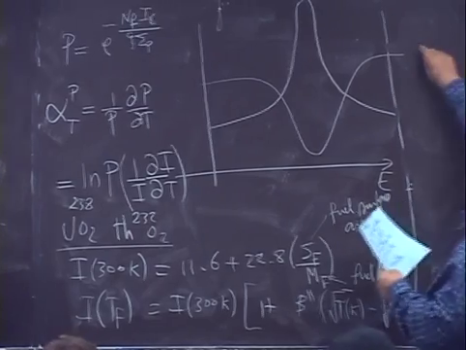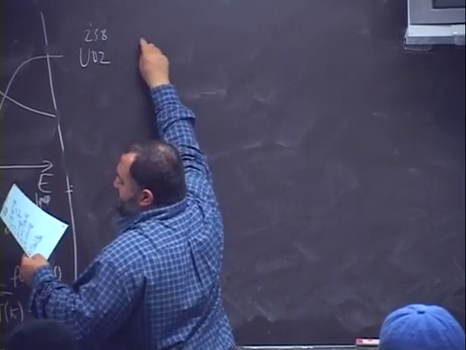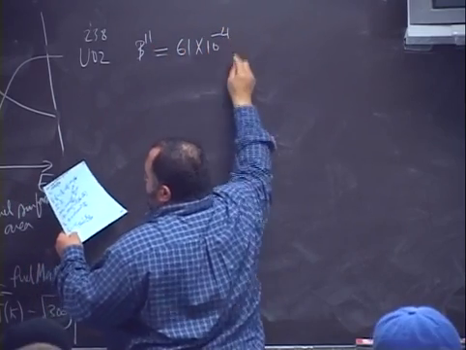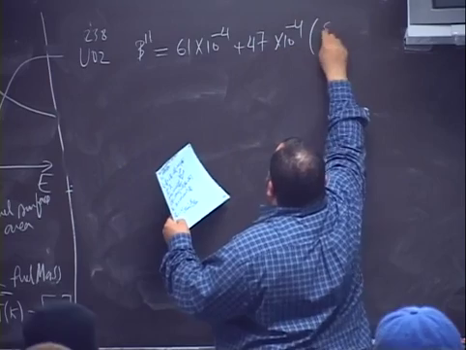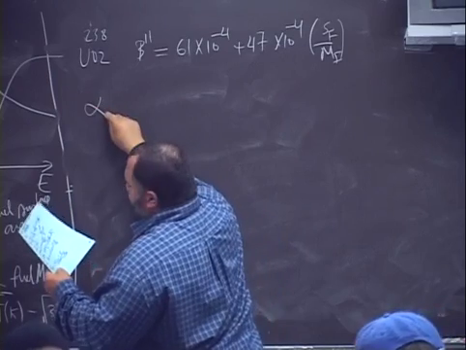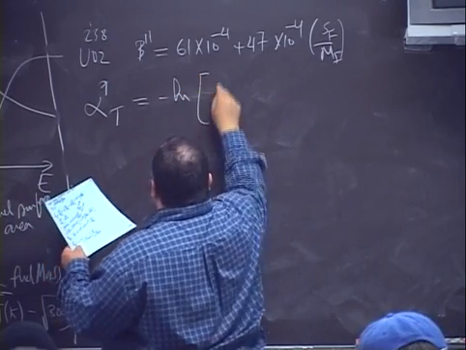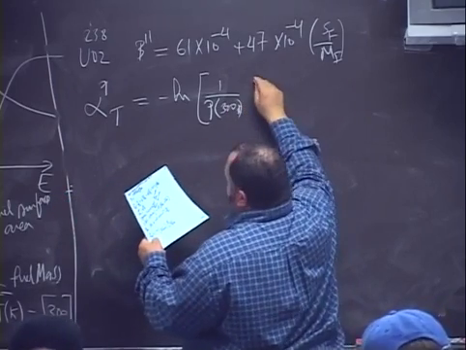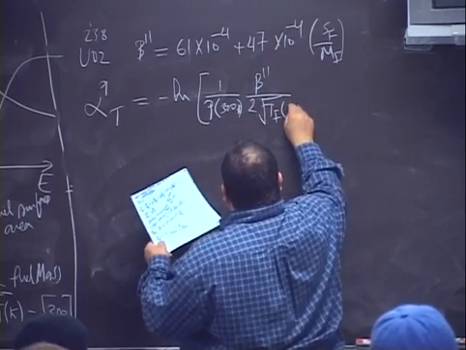For uranium oxide, this beta double prime is 61 times 10 to the power of minus 4 plus 47 times 10 to the power of minus 4 S_F divided by M_F, and alpha_T^P will be negative ln of 1 over P at 300 Kelvin multiplied by beta double prime over 2 times the square root of T_F in Kelvin.